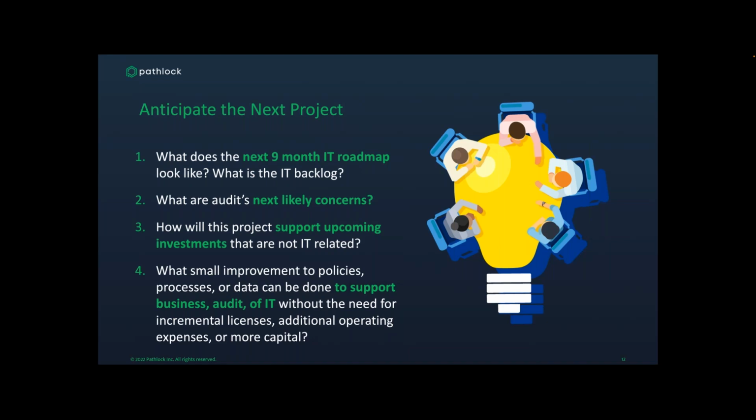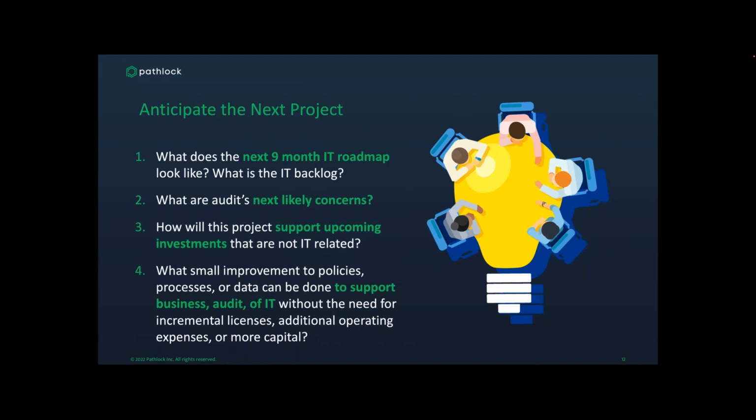Being able to frame your business case and helping folks understand how the implementation of that business case will support those other investments becomes really important as well. We often talk about software and projects and getting the business case justified in terms of licenses and in terms of capital, or at least significant operating expenses being spent on the project.